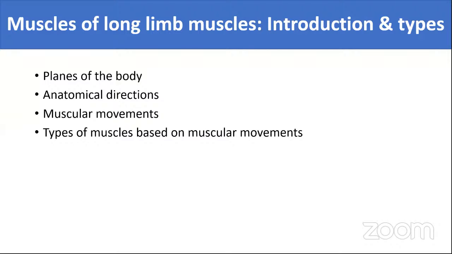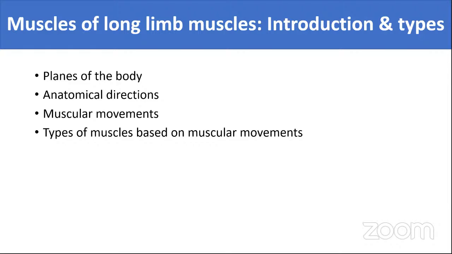Okay. Unless and until you know about the planes of the body and anatomical directions clearly, you won't be able to understand the different types of muscular movements. And then obviously understanding different types of muscle will become more challenging. So let's start from the very basics, that is the planes of the body.